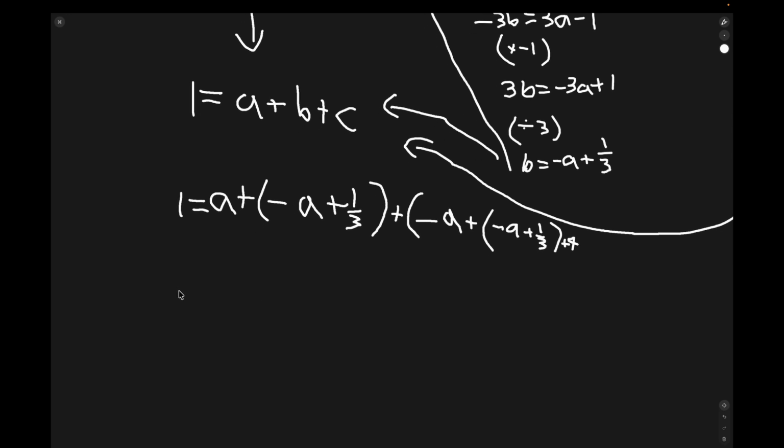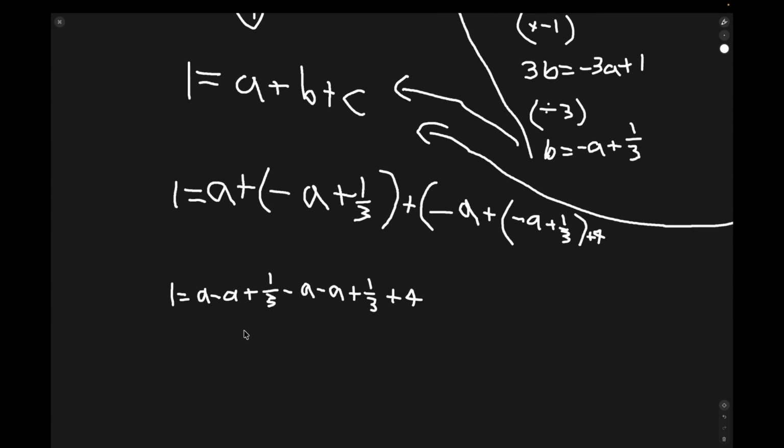So 1 is equal to a minus a plus 1 on 3 plus, it's actually going to be a negative a minus a plus 1 on 3 plus 4.